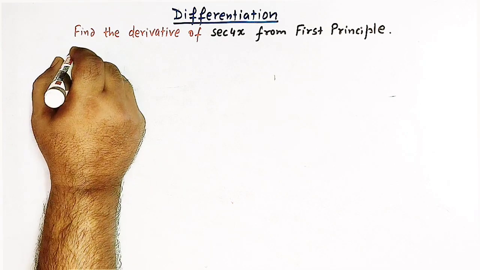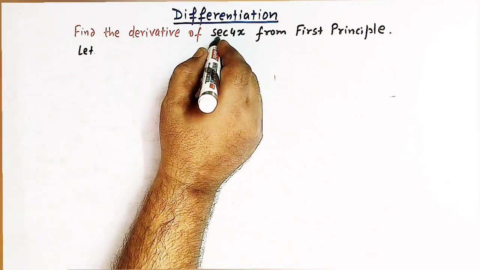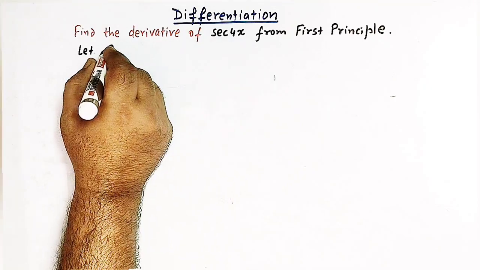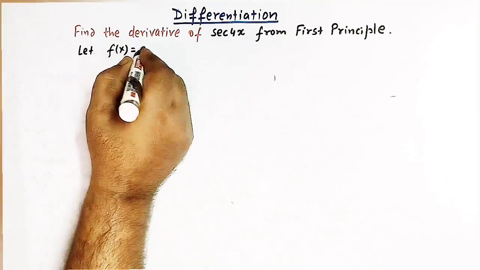So now let us first take this function secant of 4x as f of x.